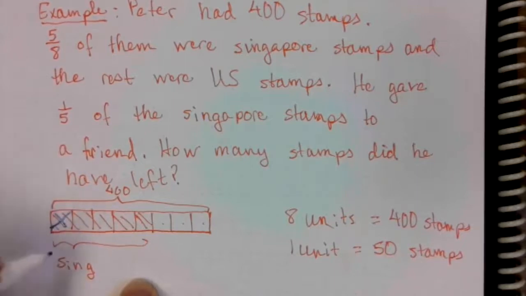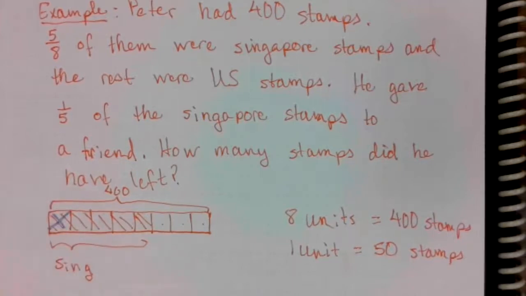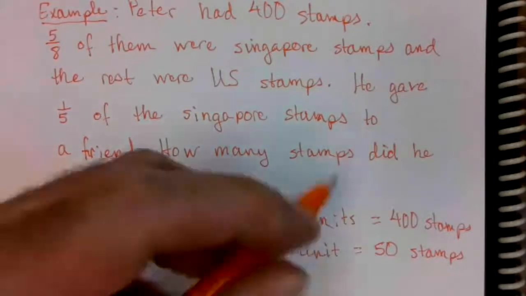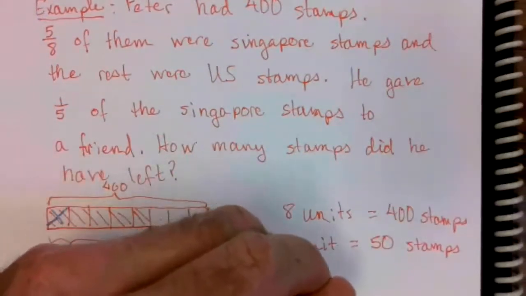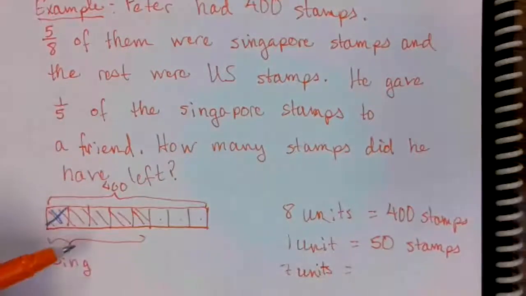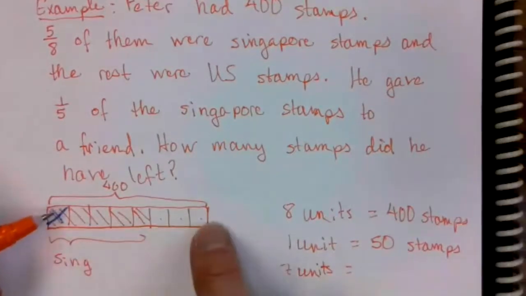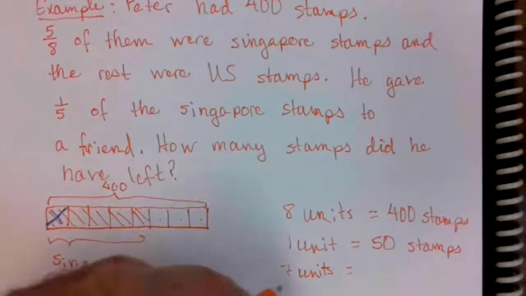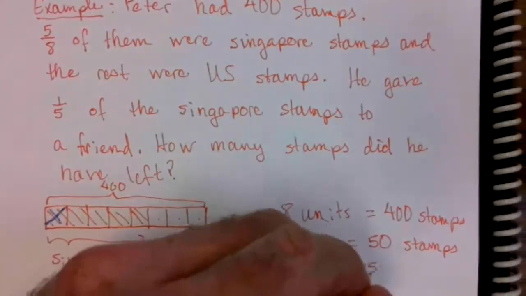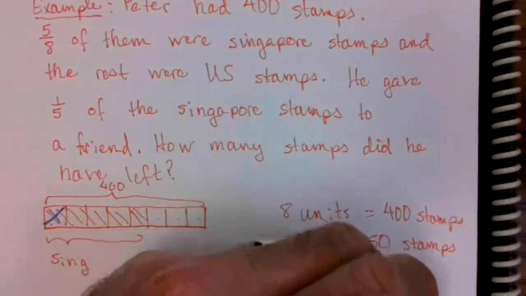Let's just say he X's out that 1/5 that he gave away. So how many units do we really need to worry about? We need to worry about the other 7 units in this bar diagram, because that's what he's going to have left. So if 1 unit is 50, then 7 units must be 350 stamps.